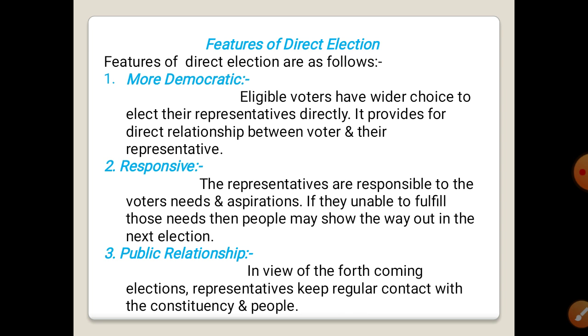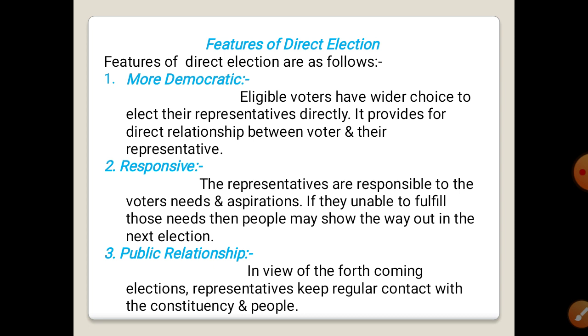Next, we'll see the features of direct election. This question is important for 5 marks, and a question may ask: explain the features of direct elections. The first one is more democratic. Direct election is more democratic because eligible voters have a wider choice to elect their representatives directly.